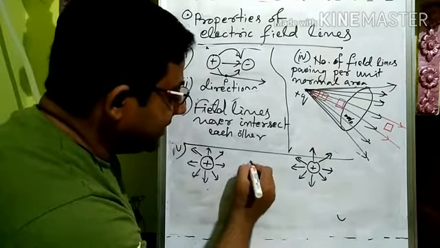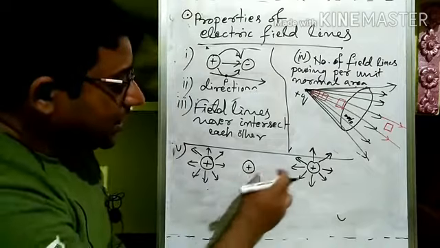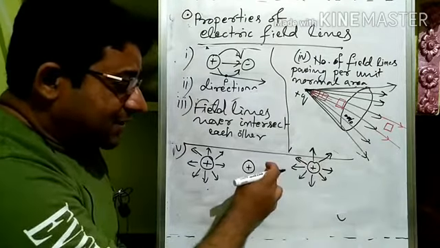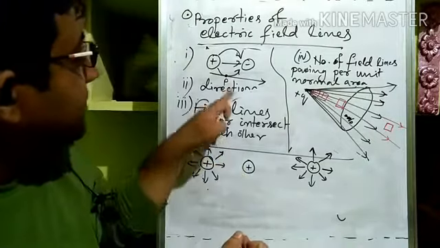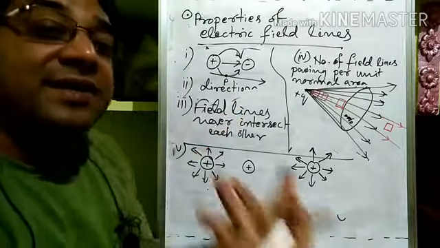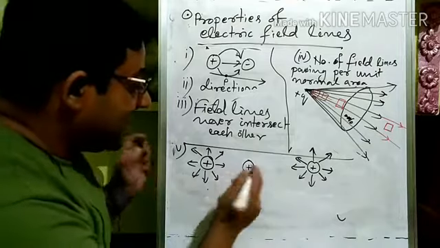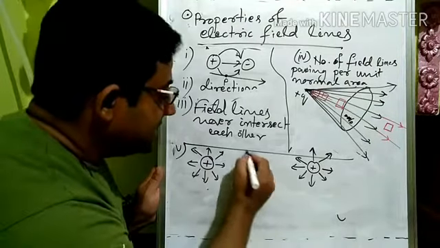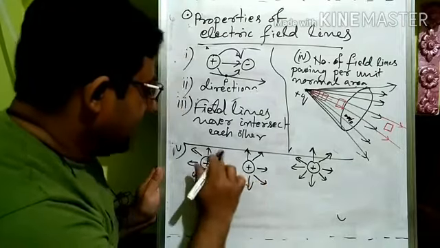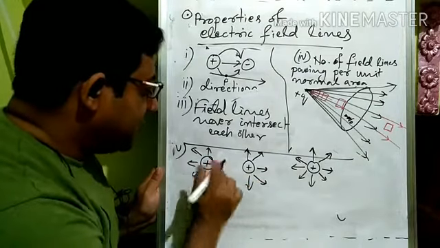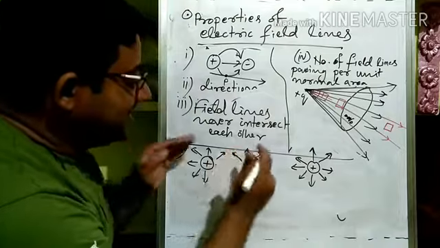Now this field line will try to intersect that field line, and we know field lines never intersect each other. So field lines will be outside only. But if this goes like this and this goes like this, they will intersect, right?